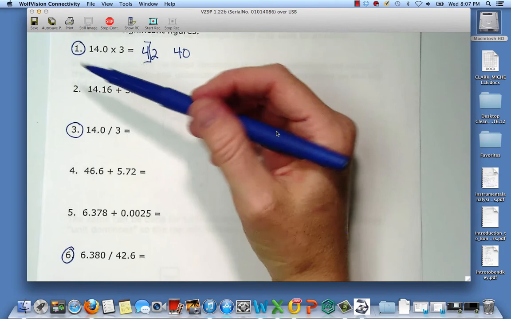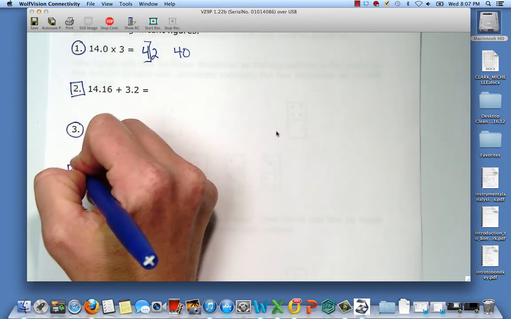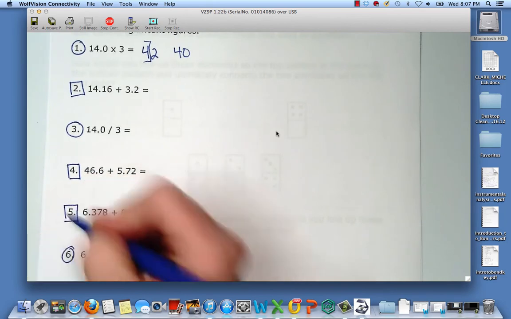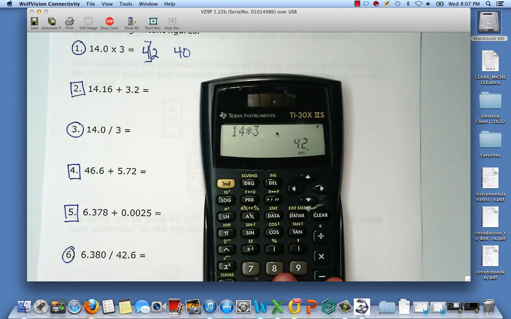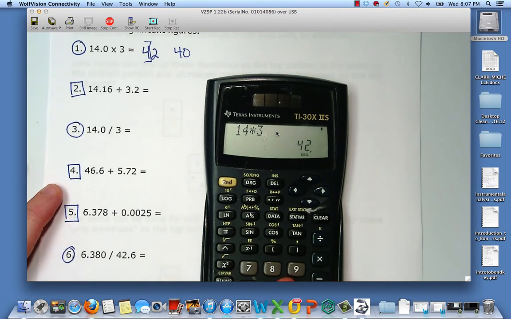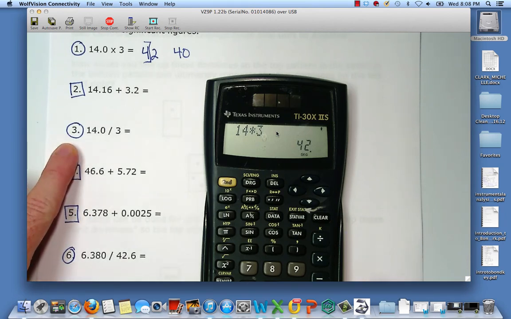Whereas number 2, 4, and 5, these are all addition. So, do you want to work another multiplication and division one or an addition and subtraction one? Multiplication. Okay, so let's skip to number 3. We'll come back to number 2.